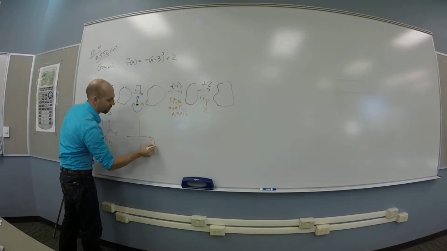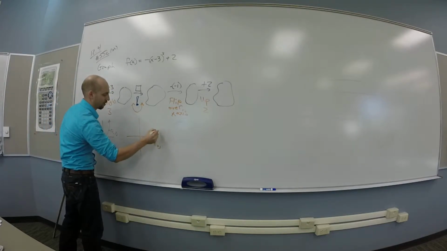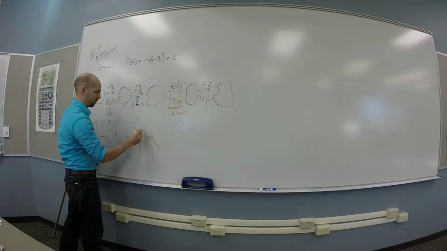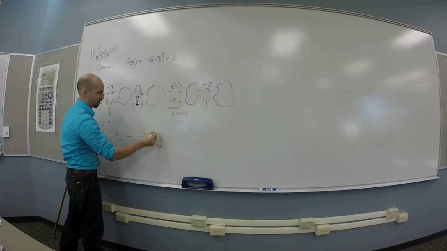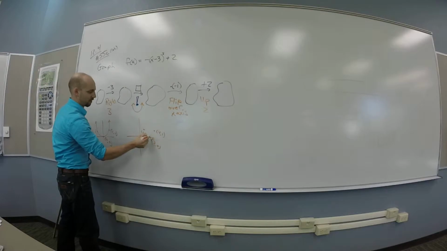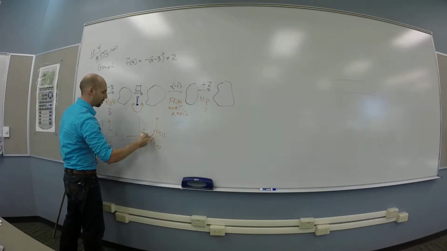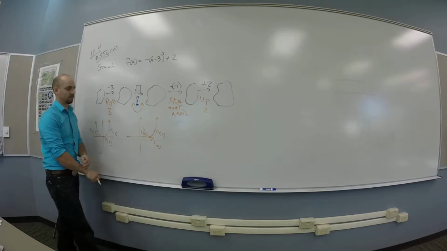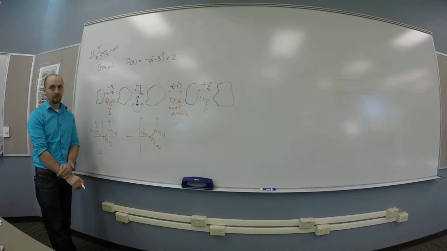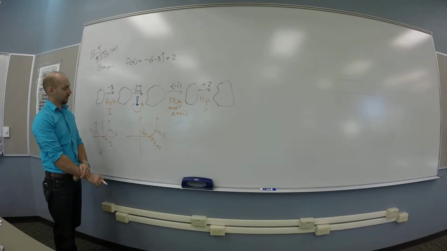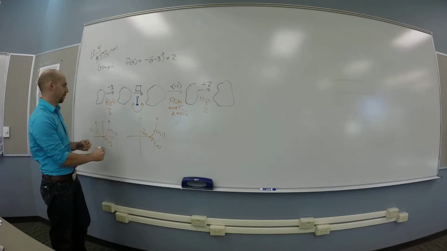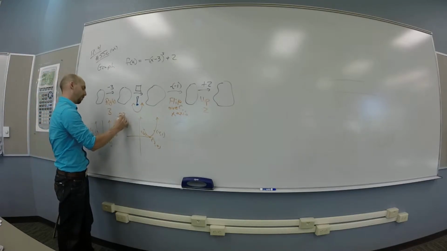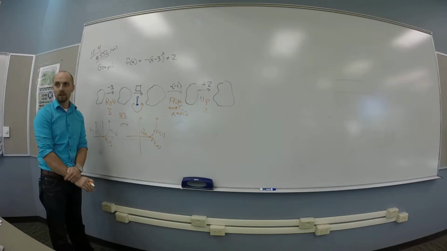So I've got 3, 0, 2, 1, and 4, 1. Okay, so there's my parabola. That's my shift right 3, right?